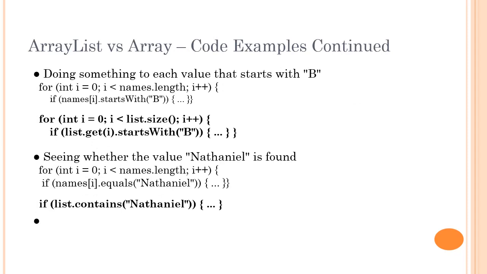For looping through an array list, you can just do a for loop and start with the index 0 to the index size minus 1, and you can get the size through the method size.